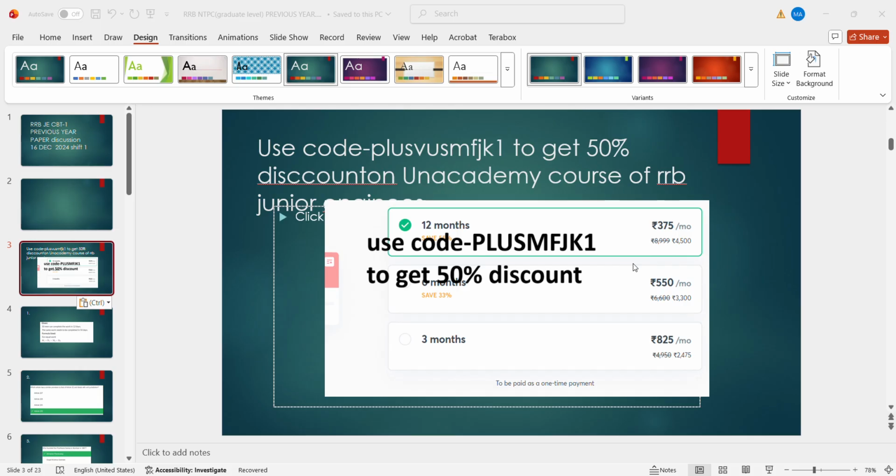For compound interest, there is a formula: amount equal to P into 1 plus R by 100 whole power n, where R is the rate of interest and n is the number of years. By substituting the value of R equal to 20, we can find the value of n. The answer comes 3 years.